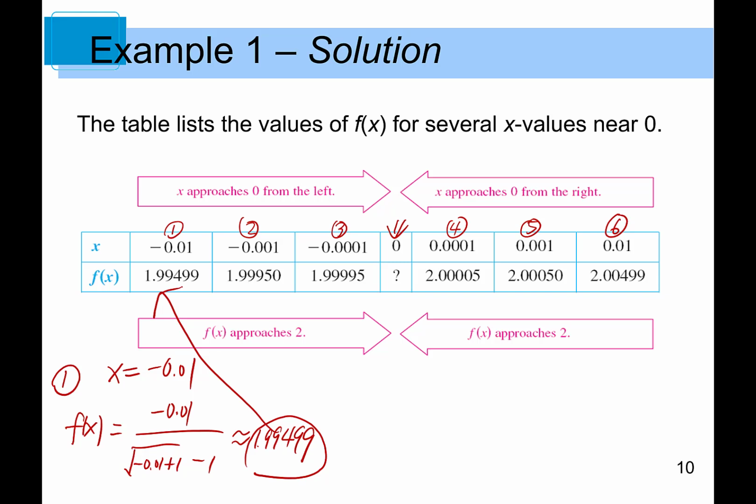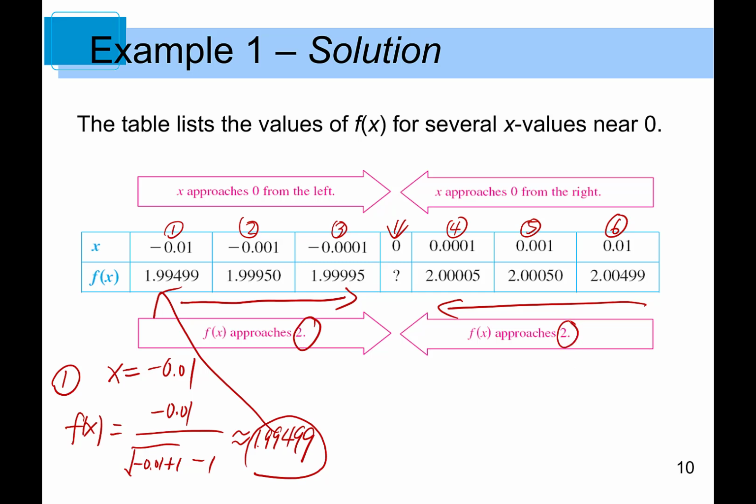So now let's take a look at the left-hand behavior. As you can see, the number is getting close to 2. And on the right-hand side, similarly, the number is getting closer and closer to 2.